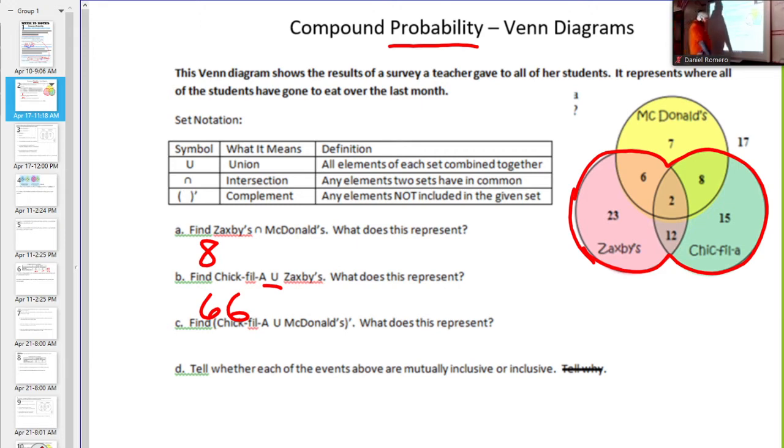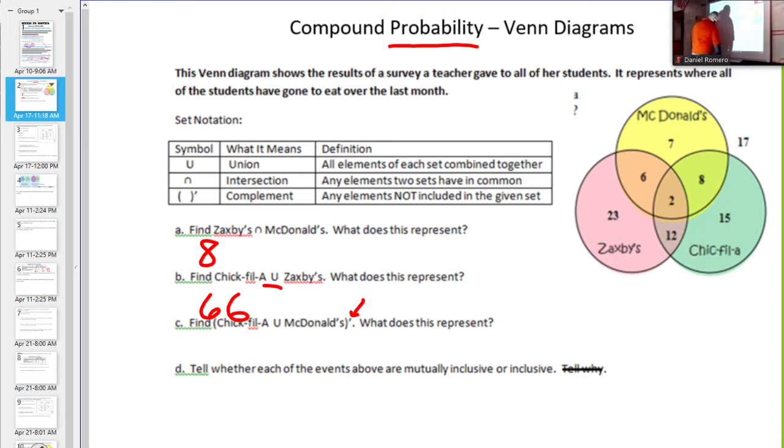This next one is a nice one. I like it. Because you look at this union, and you're like, oh yeah, hey, the union of Chick-fil-A and McDonald's. Au contraire, mon frère. What does that little symbol mean on the outside, the little apostrophe? The complement.